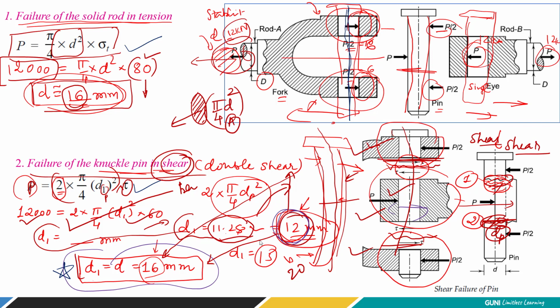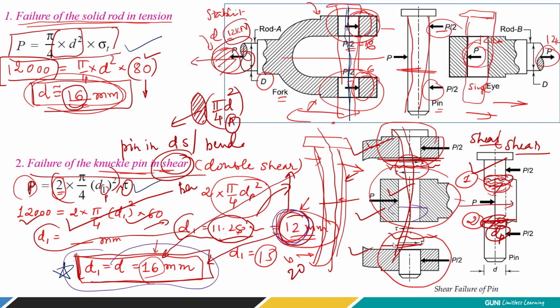Hence we ensure safe working of pin in double shear as well as bending. So this is why we are simply equating the dimensions of both pin and rod end diameter, right? तो दोनों का dimension क्या है, same है. The reason is we want to make the pin safer in shear as well as in bending.